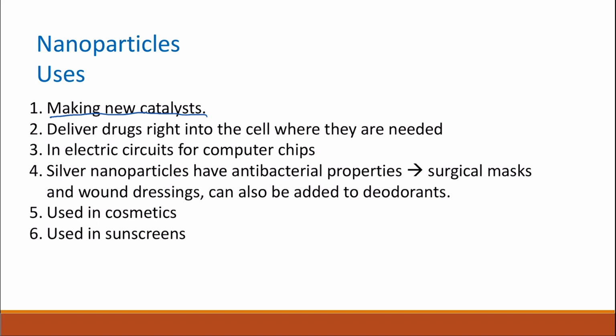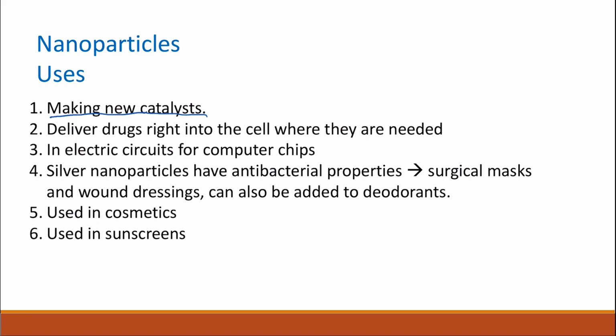Nanoparticles can be used to deliver drugs to the specific cells where they should be acting. The reason behind this is their very small size. Because they are very small, they can easily be absorbed through cell membranes and through different membranes in the body, and they can easily reach the target site.